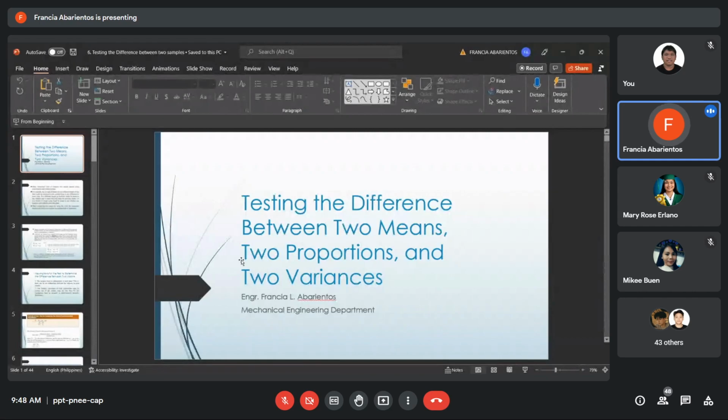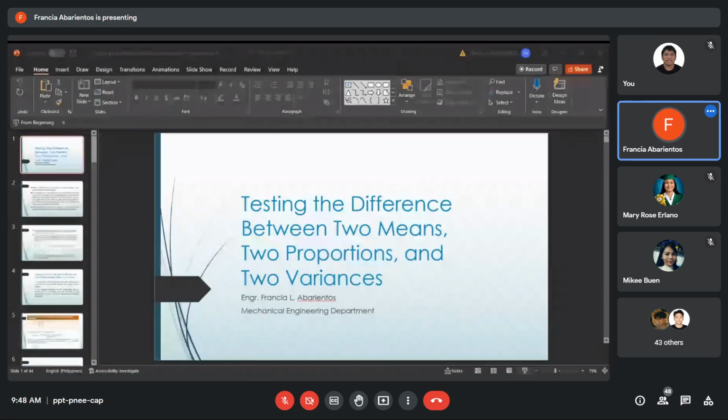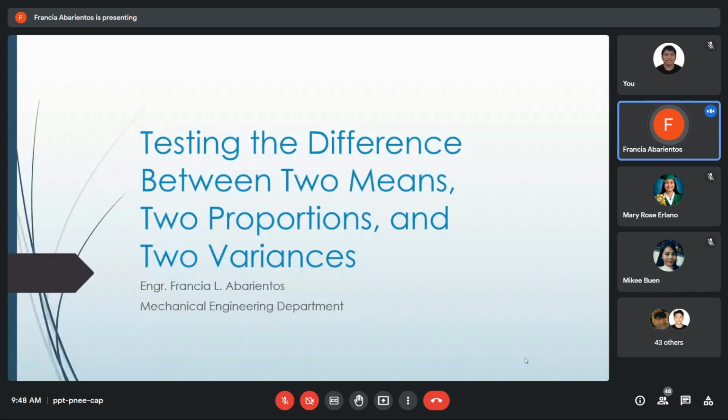So, when we are testing two means, two proportions, and two variances, always first think whether it is an independent or dependent sample. After that, always assume, since we are only in basic statistics, that the data is normally distributed. Statisticians usually test the data with a normality test, but we always assume here in our subject that the data is normally distributed.